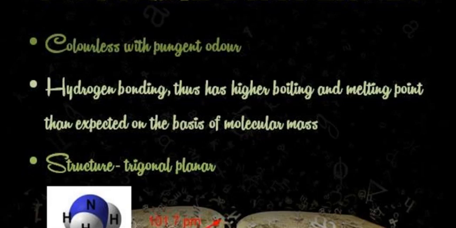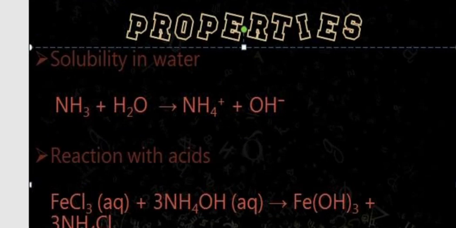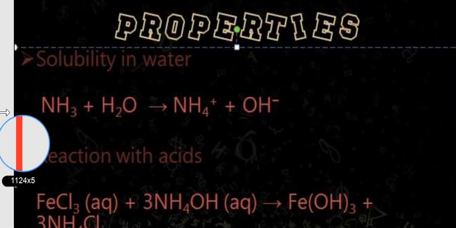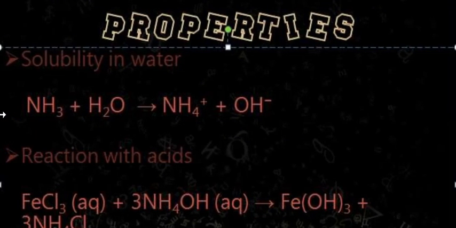Now, the chemical properties of dinitrogen. Chemical properties of dinitrogen. First is the solubility of nitrogen with water.